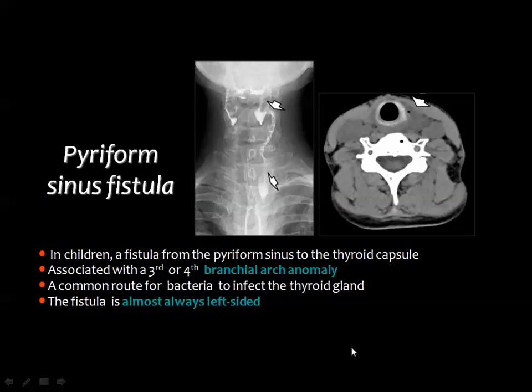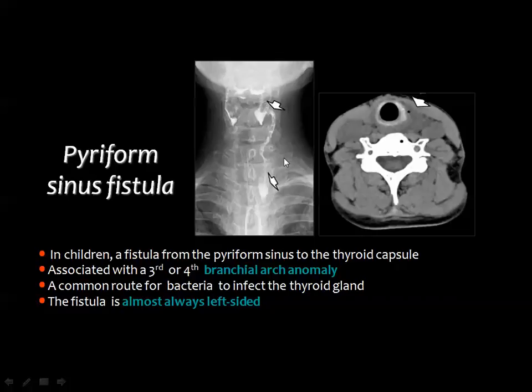Then one of the well-known causes of thyroid infection, especially in children, is the presence of a fistulous tract from the piriform sinus leading to the site of the thyroid gland, and this is commonly associated with a branchial arch anomaly, especially the third or the fourth one.